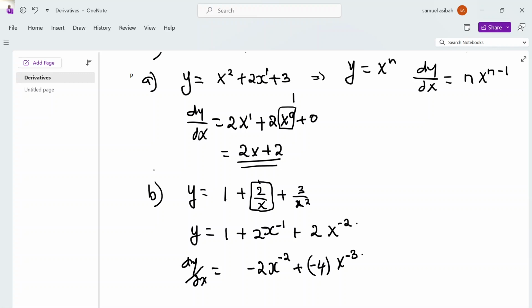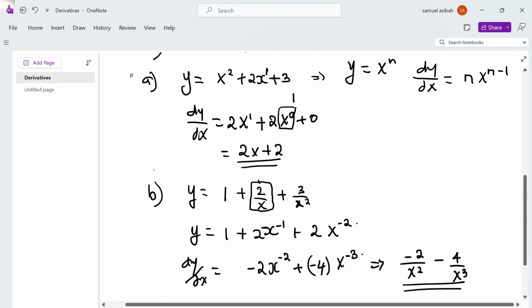So you can rewrite this one as negative 2 over x squared using the laws of indices, then minus 4 over x cubed. So your answer can be written simply in that particular form.